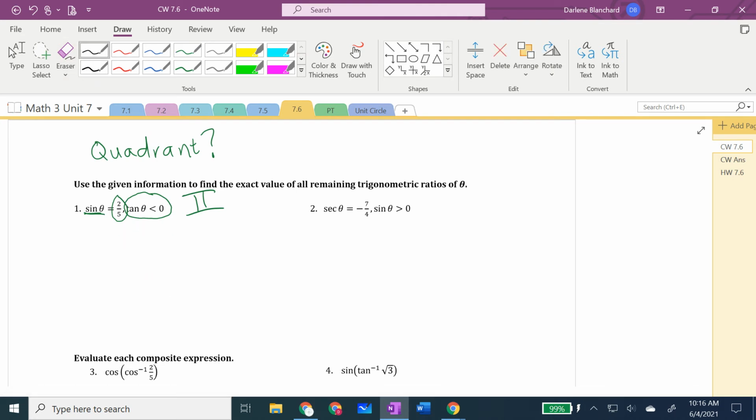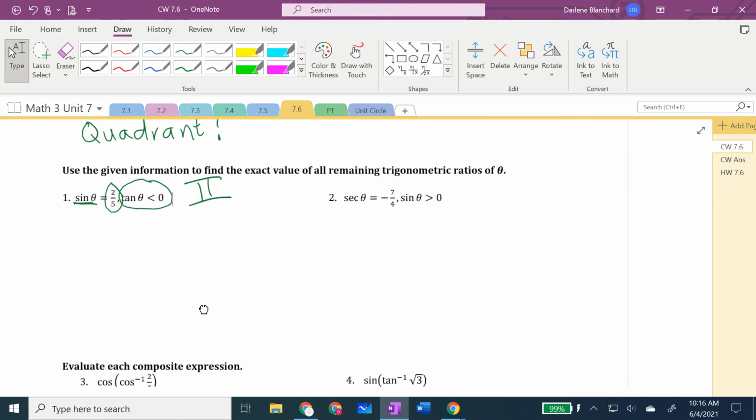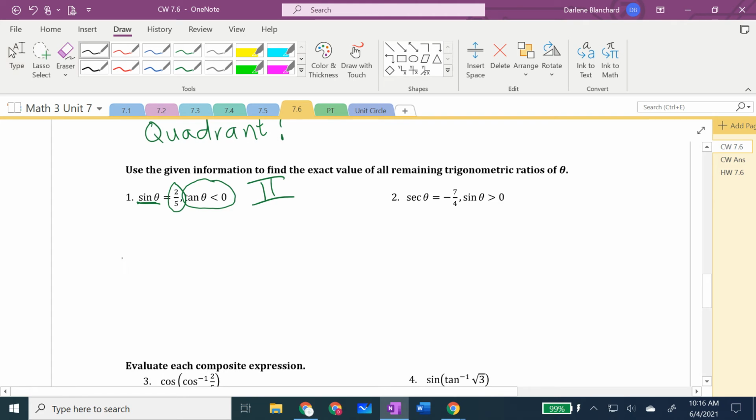So what I'm going to do is I'm going to write down all 6 trig functions, including the one that's given. That means we have our SOHCAHTOA, and we have the reciprocals of our SOHCAHTOA.